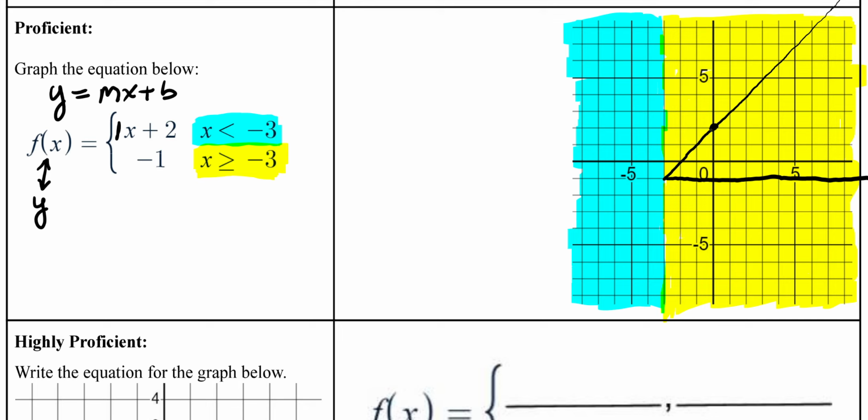So it goes through this point right here, y equals 2. It has a positive slope of 1.